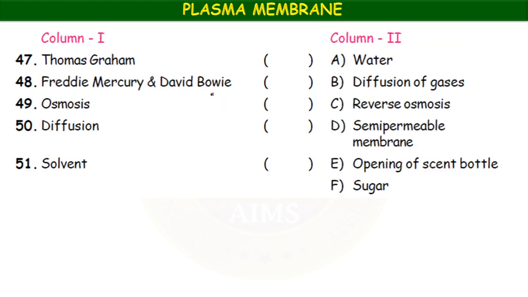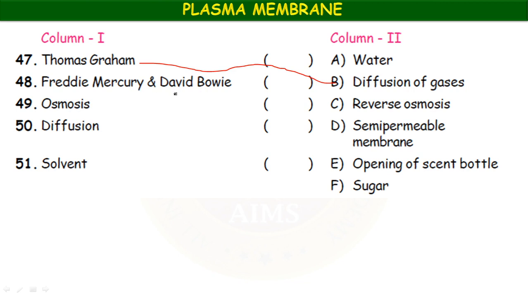Okay, children. So next, here I match the following set. In column 1, the scientist names and the process are given, and the column 2 also. First let us match Thomas Graham. He introduced the concept of diffusion of gases.